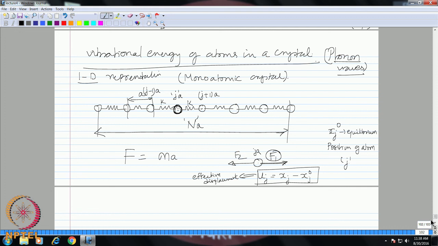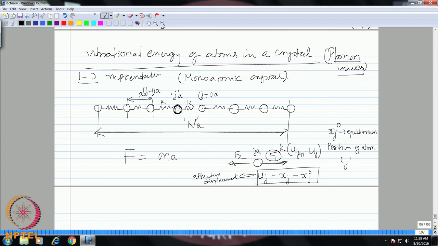So, what will be the force? How can we write it? Spring constant times u_j plus 1 minus u_j. So, u is the effective displacement from the equilibrium, so we will use u, not x, right. So, yeah, you are right, this is equivalent to x_j plus 1 minus x_j, but we will write it in terms of u.